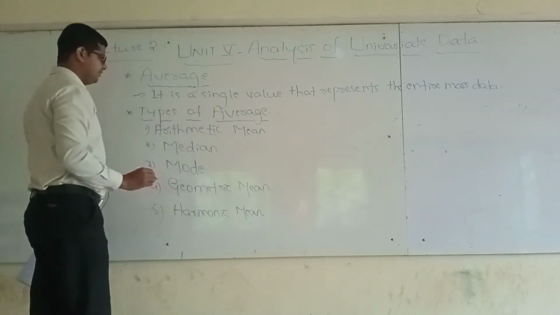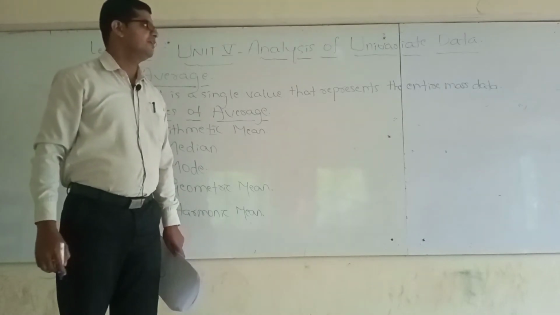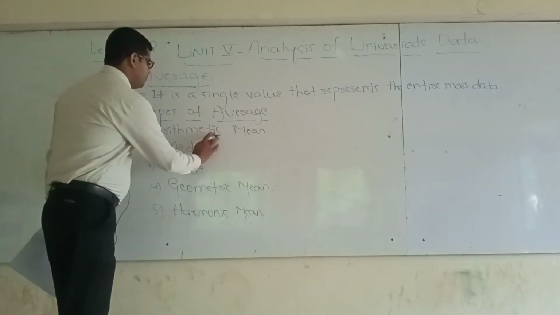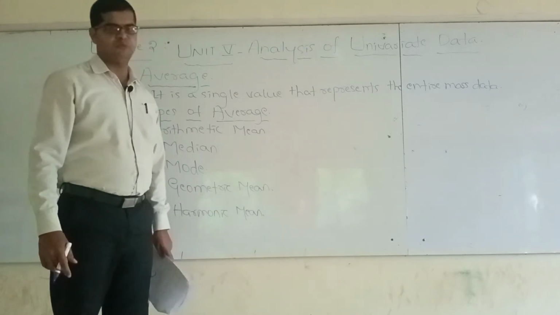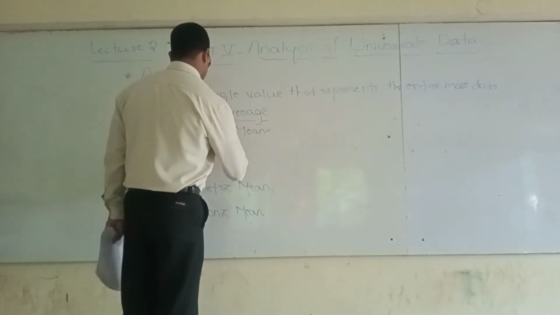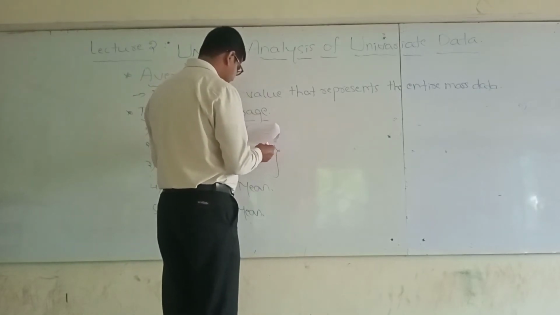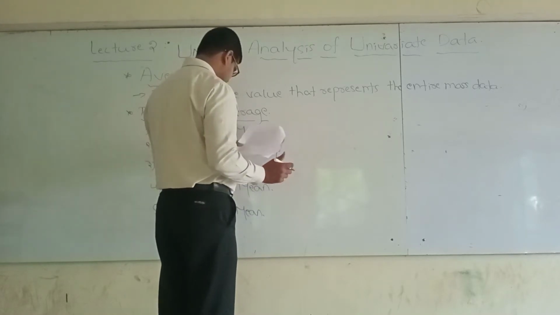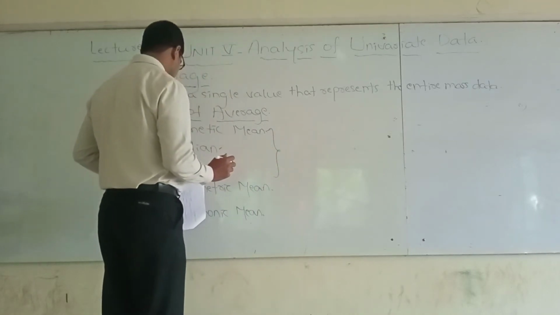So everywhere you are finding a single value that represents the entire mass data, whether you think of arithmetic mean, median, mode, geometric mean, or harmonic mean. But out of these five, arithmetic mean, geometric mean and harmonic mean are mathematical averages.